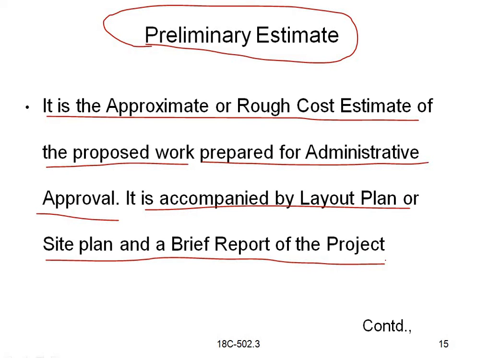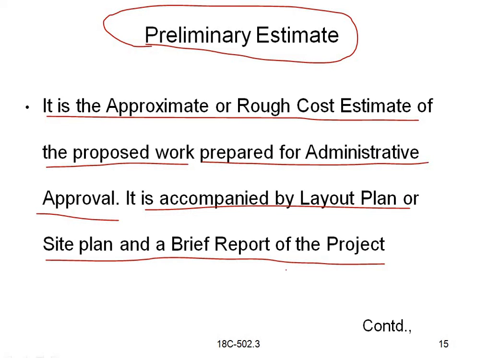The plot area or the construction site area, how much it is, should be shown with the directions and mentioned in the layout plan. And that is called a brief report of the project. A brief report of the project generally contains the pre-planning, and after that we start the work: what the first work will be and what the second day's work will be. That should be shown in the planning stages. So this is called the preliminary estimate.